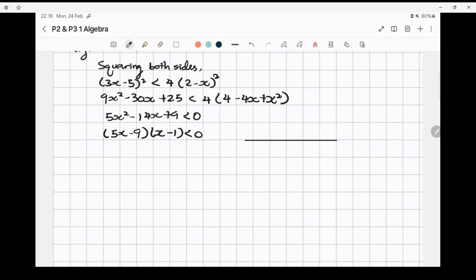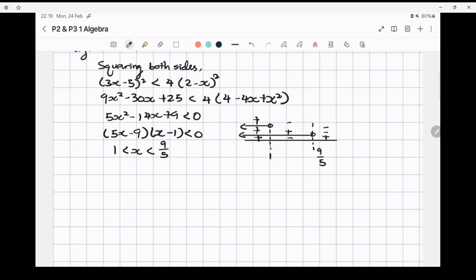So you would have 1 over here, 9 over 5 over here, and then this time there is no equal sign, so draw an open circle. So what you have is x between 1 and 9 over 5.